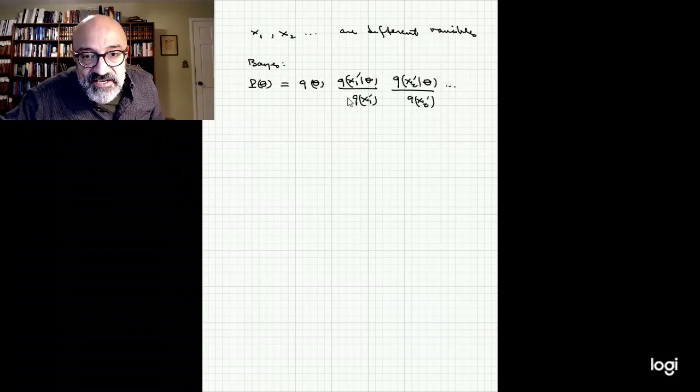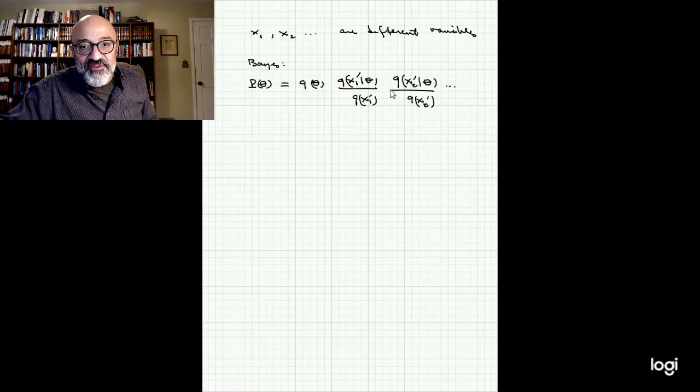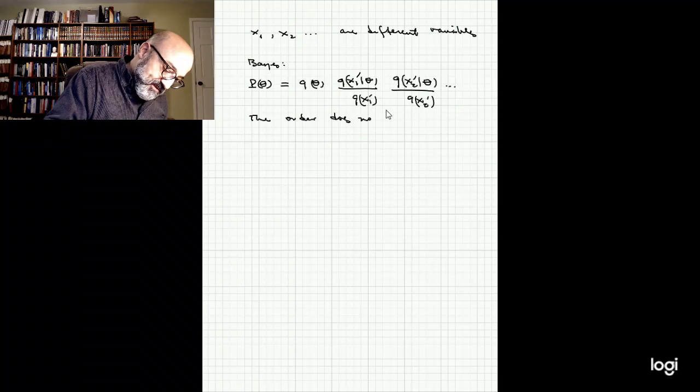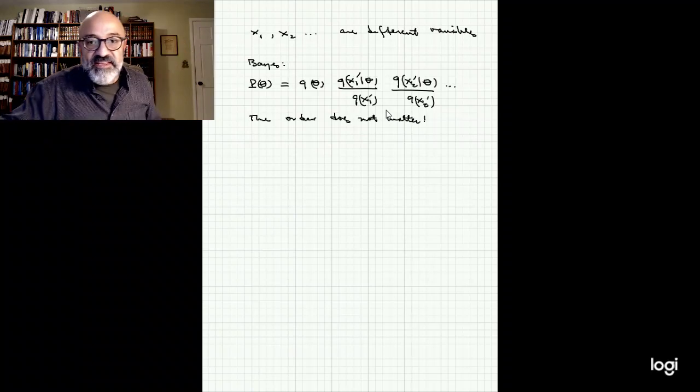So you can see clearly here that if you have them in one order or if you have them in the opposite order, it doesn't make any difference. The order does not matter.